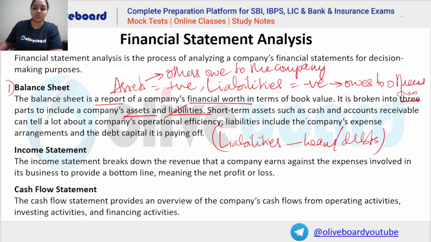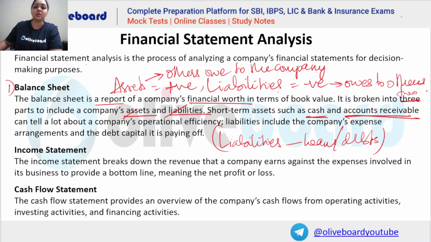Short-term assets such as cash and accounts receivable can tell a lot about the company's operational efficiency. See, asset means, again I am repeating, it's a positive thing, it's a good thing, that is which others owe to the company, right? So others may owe it in the form of cash, or it may be accounts receivable.